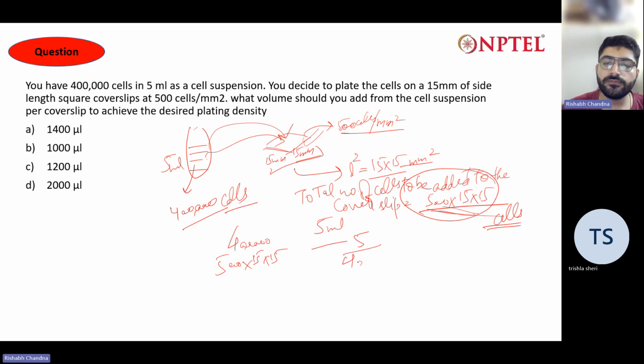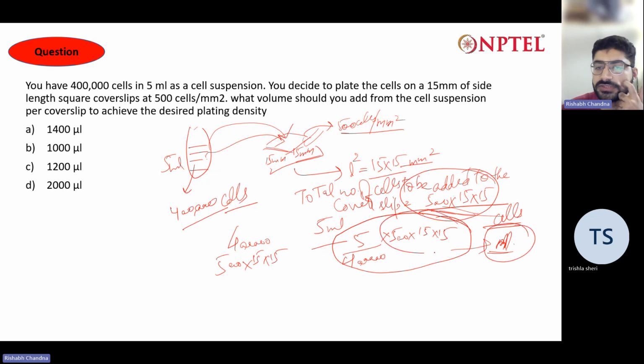So this will be 5 divided by 4 lakh into 500 into 15 into 15. This will be in ml. So this amount of volume will have these number of cells, and that will be added to that particular cover slip. This is in ml, but we have to find the amount in microliters.